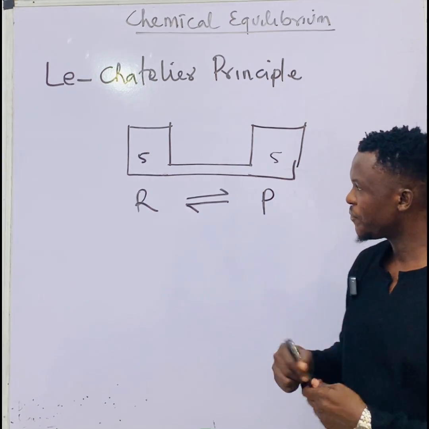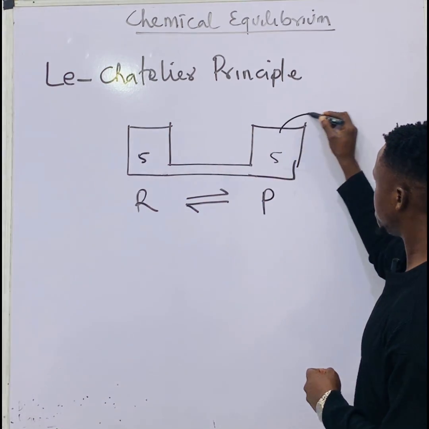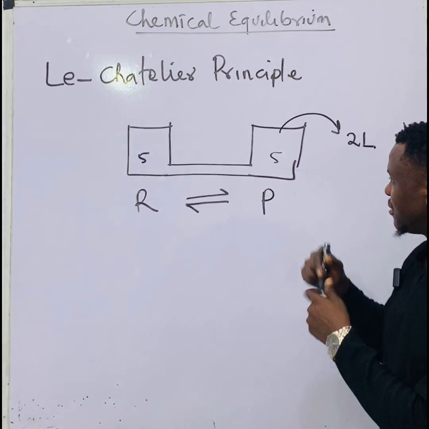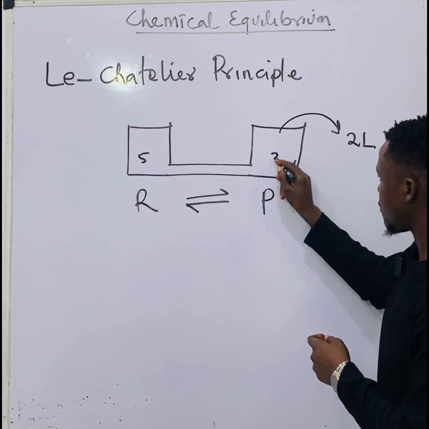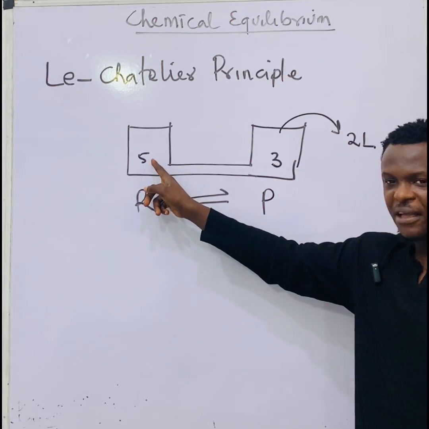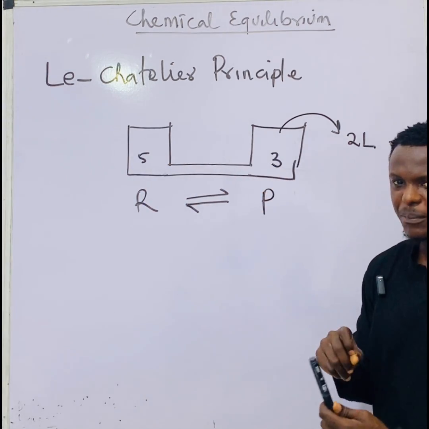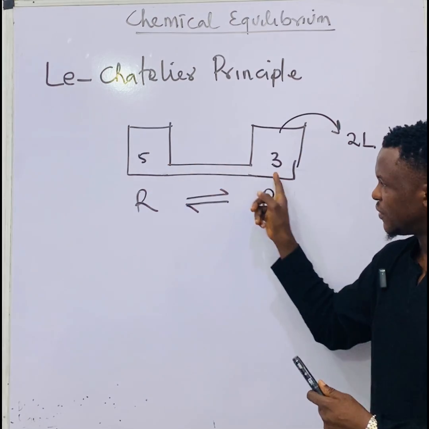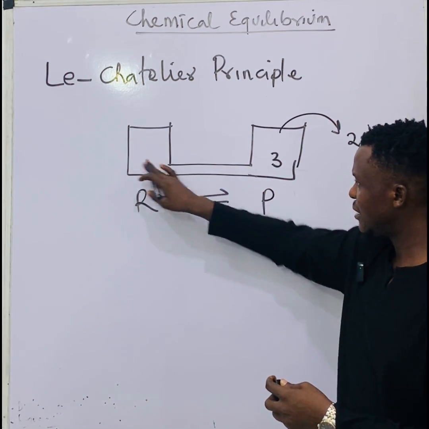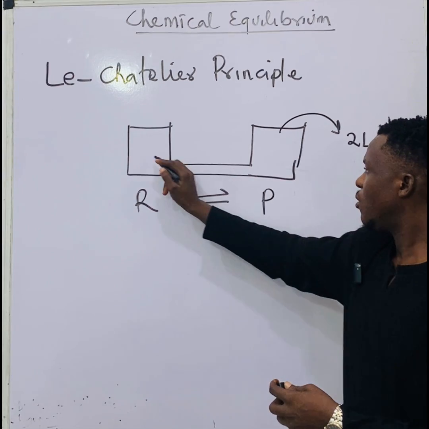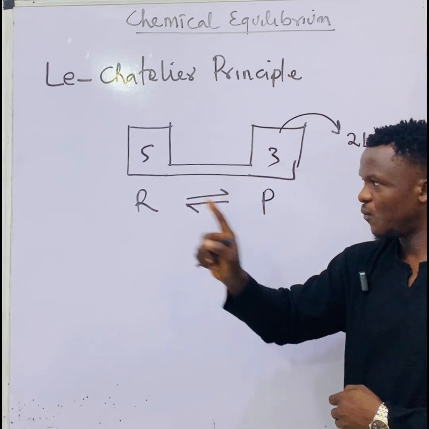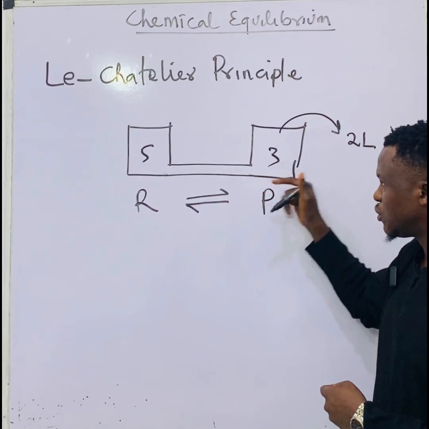Now, this is what I mean. If I remove 2 liters of water from here, this 5 reduces to 3. But the interesting fact is that this cannot be 3 while the other stays 5. So 5 plus 3 is 8, right? This side will readjust, let's say it releases 1 liter of water and puts it to the other side.